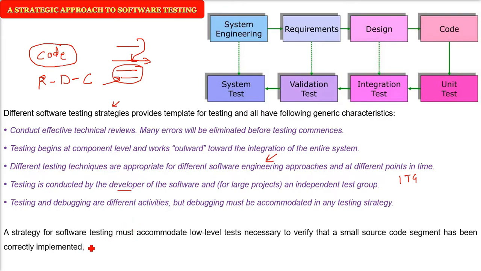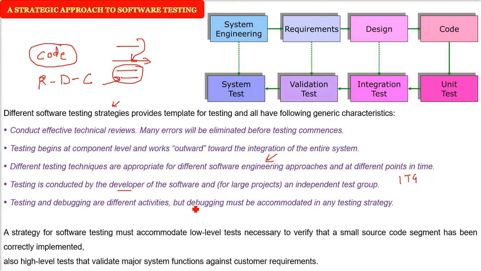A strategy of software testing, as I said, will start with the low level, the component level, even a small source code segment, checking that it has been correctly implemented and correctly coded. And also the high level test, where the majority of different systems are coming together.